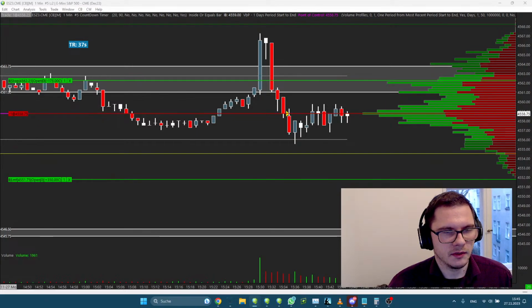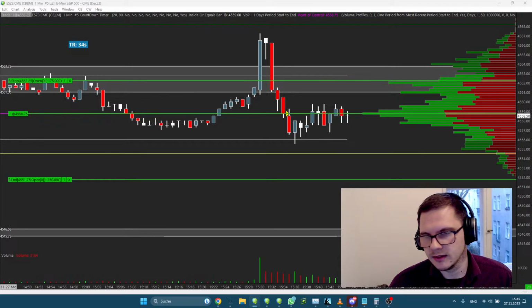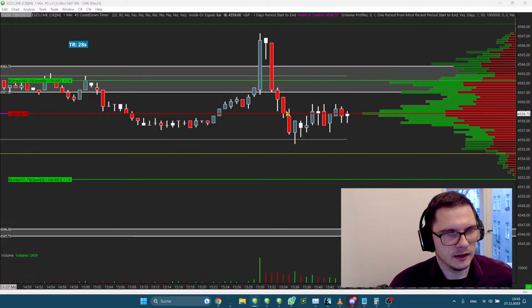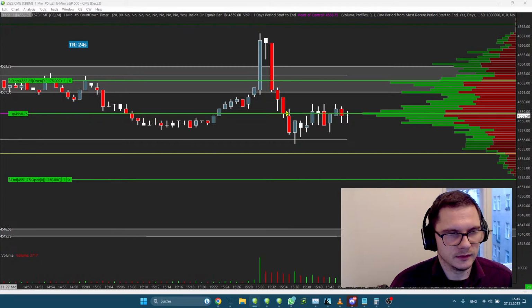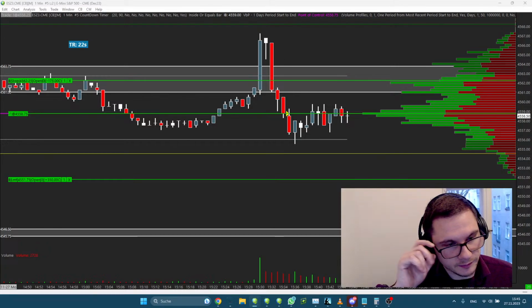We might go short. I just don't like that we are now in the second 30-minute candle of this move, and we still haven't made a big move.